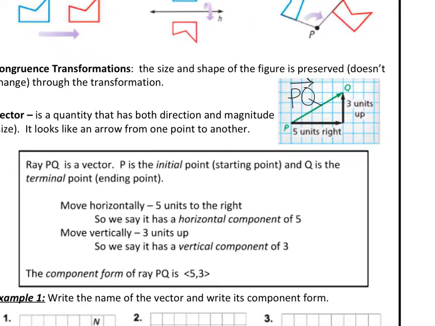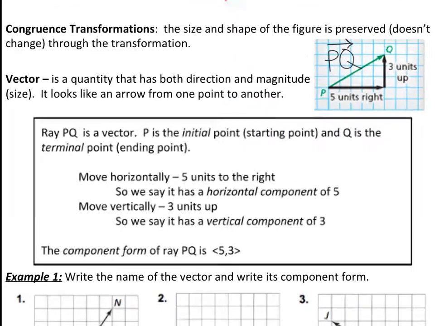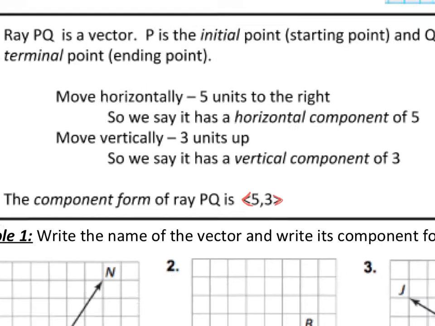And so this vector in green has a horizontal component of 5 because it goes right 5, has a vertical component of 3 because it goes up 3, and it's in this form 5, 3 with the little brackets. You do have to have the little brackets. Because it goes right 5, up 3, both are positive.